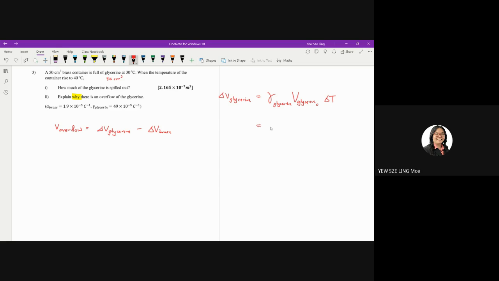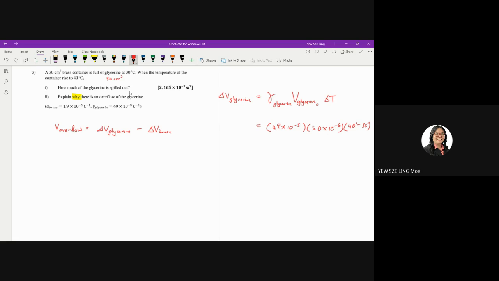So it is then equal to 4.49 times 10 to the power of negative 5, times the initial volume, which is 50 times 10 to the power of negative 6 meter cube. And the temperature change is 40 degrees minus 30 degrees C. So 40 is the final, 30 is the initial.